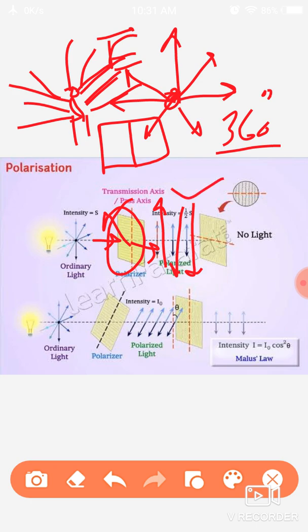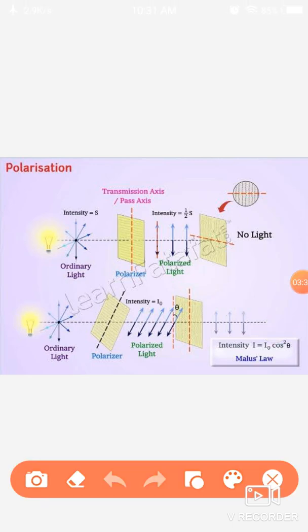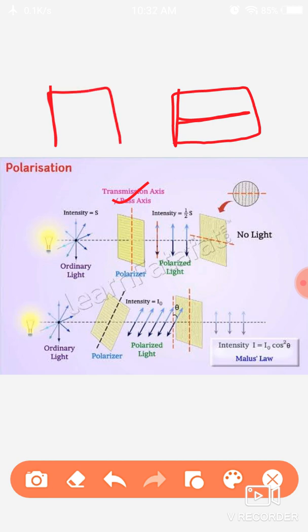How can we know whether it is polarized or non-polarized? Watch this experimentally. We will take another barrier of the same type, in which the slit makes a 90-degree angle from the earlier one. So this is our polarizer and this is our analyzer.